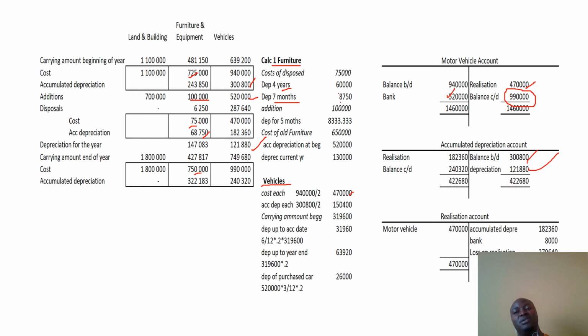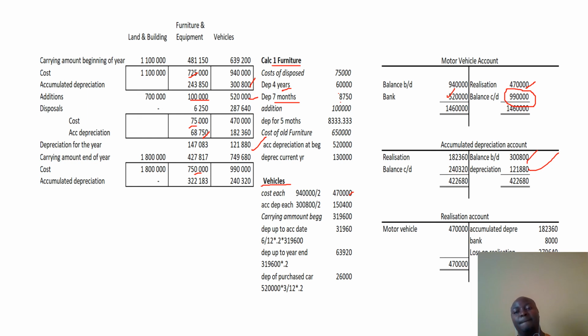Remember, the accumulated depreciation of the asset that was scrapped should be removed from the books, since this asset is no longer with us, and it's posted into the realization account. The purpose of the realization account is to determine whether the business has made profit or the business has made losses, isn't it?